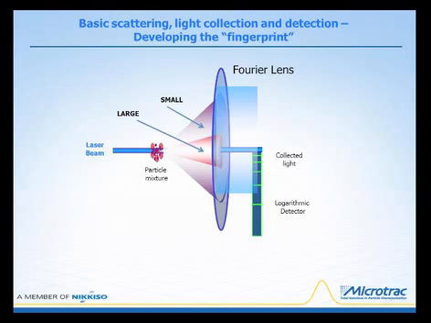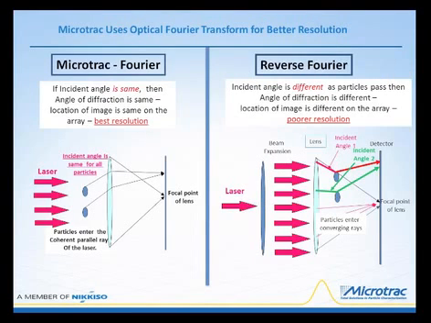So this is the basic concept of diffraction instruments. I mentioned the Fourier lens, and the whole concept of using a Fourier lens is to more or less substitute for using a mathematical Fourier transform, and as a result we get the same effect. We've been using Fourier lenses since 1974.